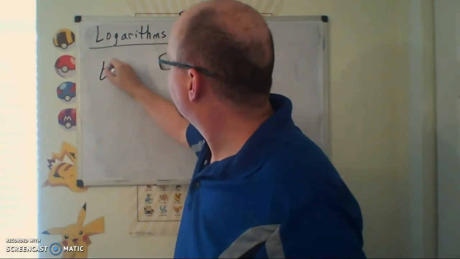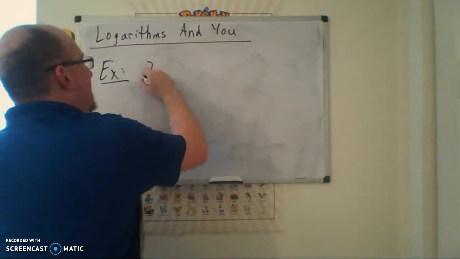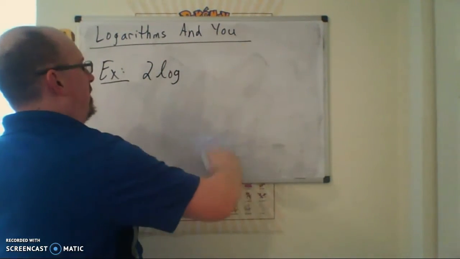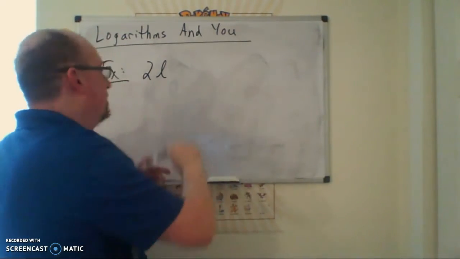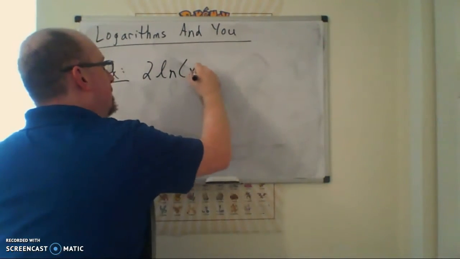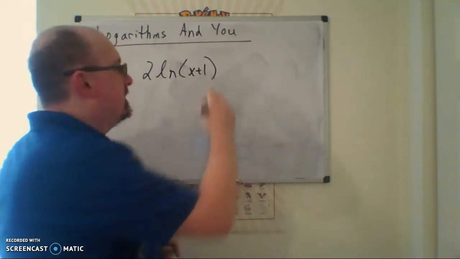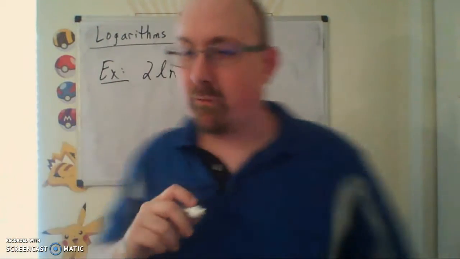As an example of this in action, I'm going to go with the natural log, because like I said, I'm a math teacher. The base e logs are really the ones I like. So I've got 2 times the natural log of x plus 1 minus the natural log of 3x plus 2.